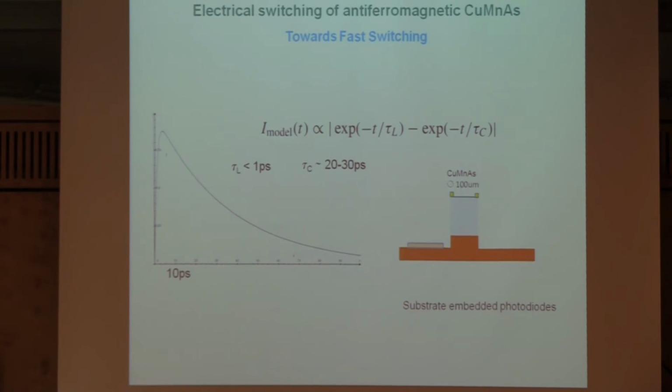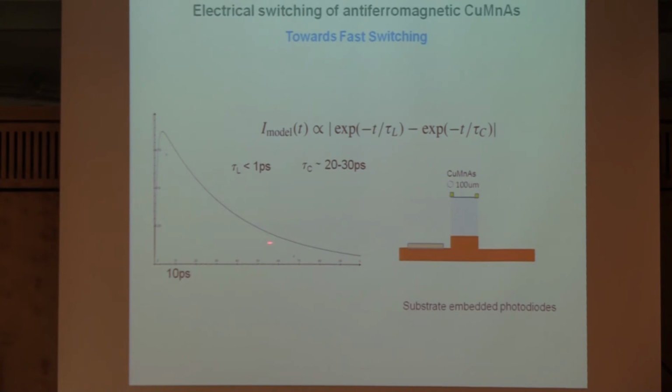We have designed a slightly different way because we want to make use of the fact that our copper manganese arsenide grows on this III-V structure, on gallium arsenide or on gallium phosphide. So you can design in the substrate, in your wafer, an embedded PIN junction, which has a P region, an intrinsic region used to absorb photons coming from a femtosecond laser, for example, and a top layer of n-doped gallium arsenide to pin the Fermi level towards this metal layer, in this case copper manganese arsenide.